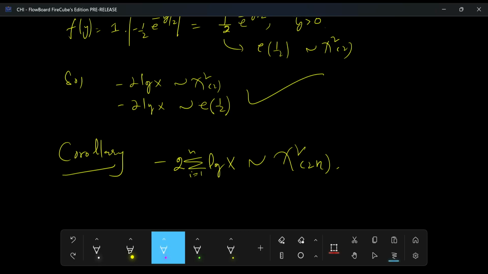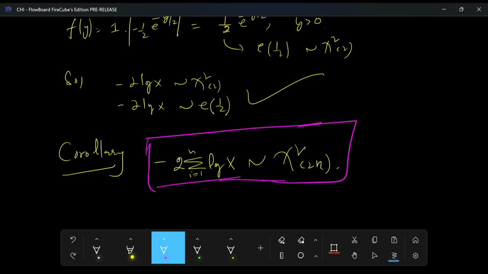इसका आपको यूज होगा टेस्टिंग ऑफ हाइपोथेसिस में, टेस्टिंग ऑफ हाइपोथेसिस में। And minus 2 summation log x will follow exponential 1 by n.